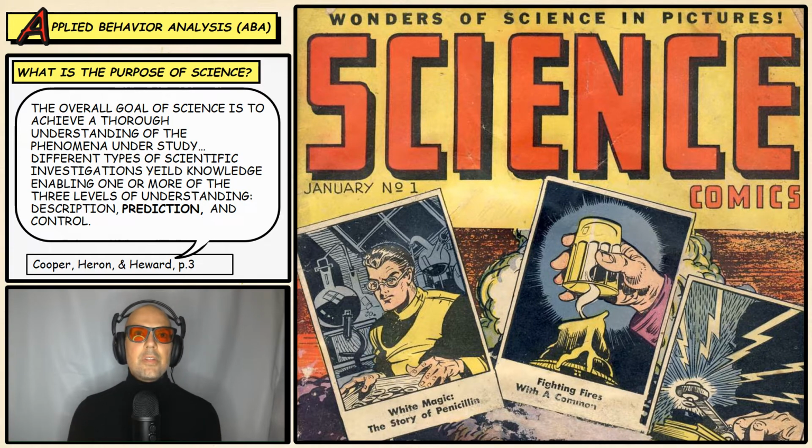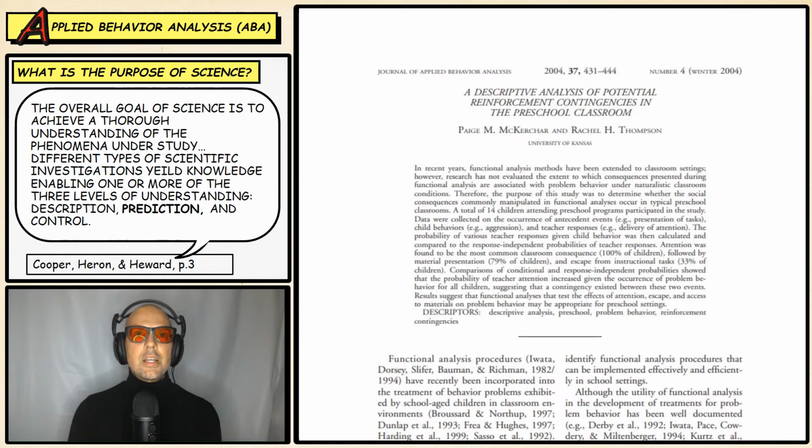And a nice example of this in applied behavior analysis comes from McKercher and Thompson's study on a descriptive analysis of potential reinforcement contingencies in the preschool classroom. So what they did in this study is they took a look at the reinforcement contingencies that followed problematic behavior.